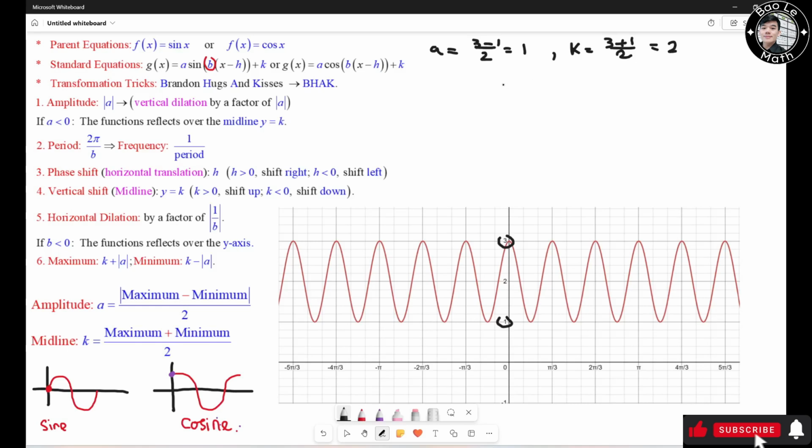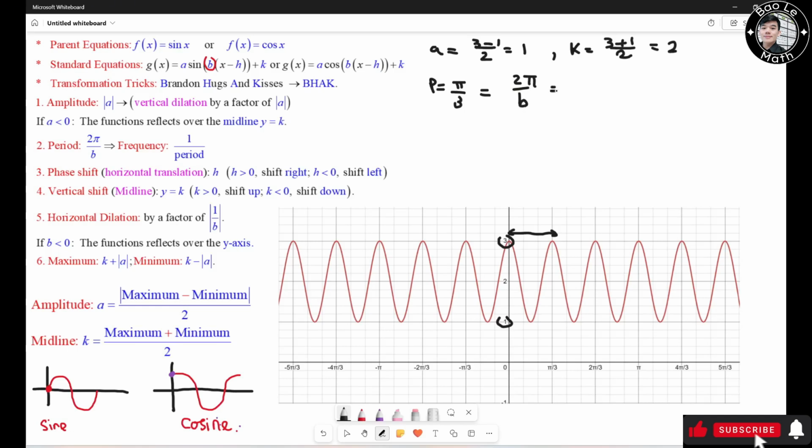Now, you need to find the period. So period is the distance from here to here. So it can be pi over 3. So the period equals pi over 3. Now we use period to find b. So pi over 3 equals 2 pi divided by b.